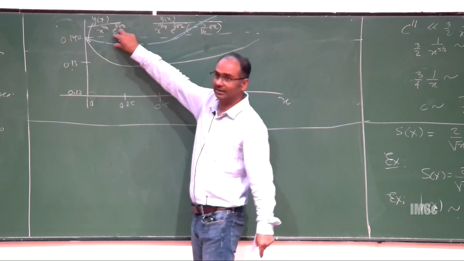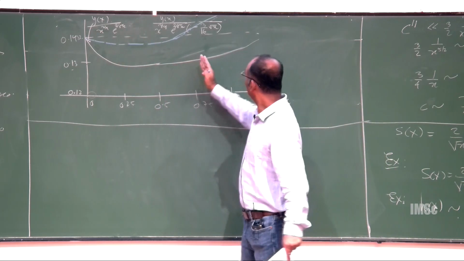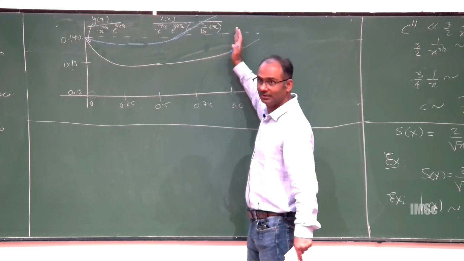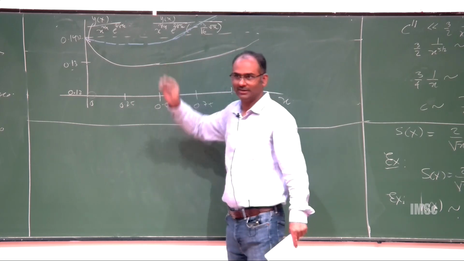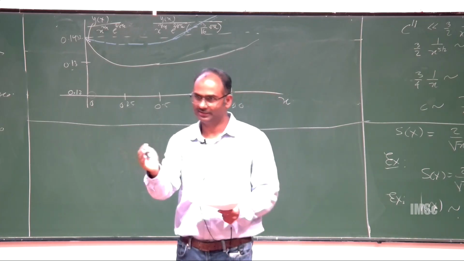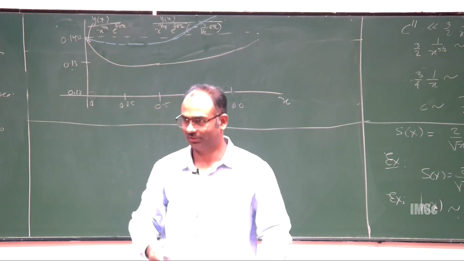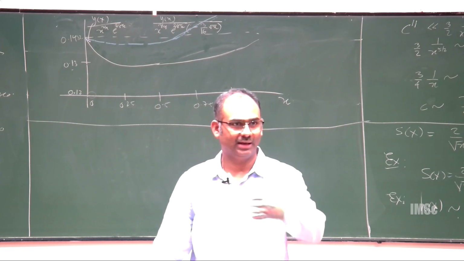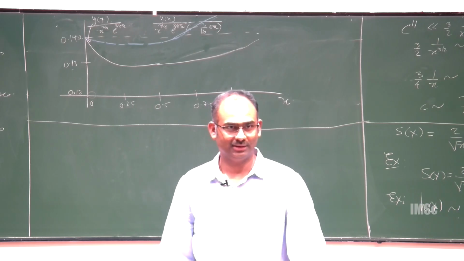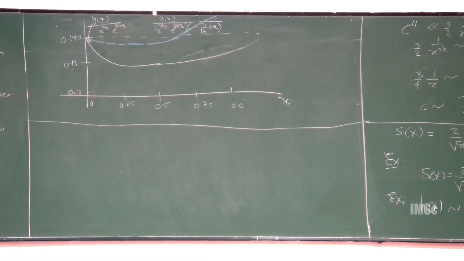So you have a better agreement, but the point up to which the agreement was good has now shifted here. So that depends on the value of x and how many terms you have taken. I think that is what your question was. Okay, so we have a better agreement, and we can be very happy that we know the behavior of the solution around x equal to 0.